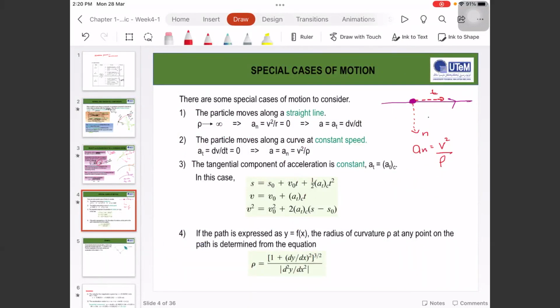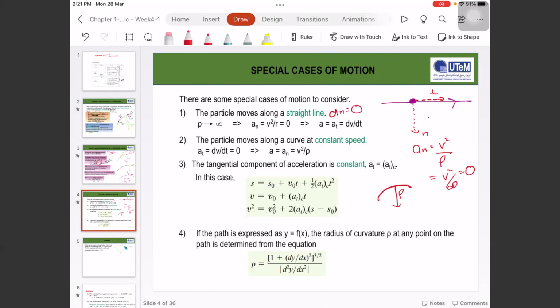You don't have a radius of curvature on a straight line; if it is curved, you have a radius of curvature. It's not that it doesn't exist, it is infinity. So v squared over infinity is equal to 0. So if you have a straight line, A N is equal to 0.